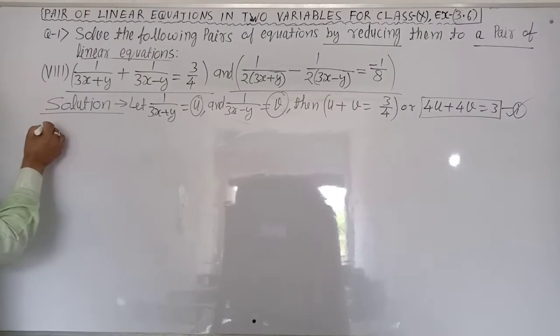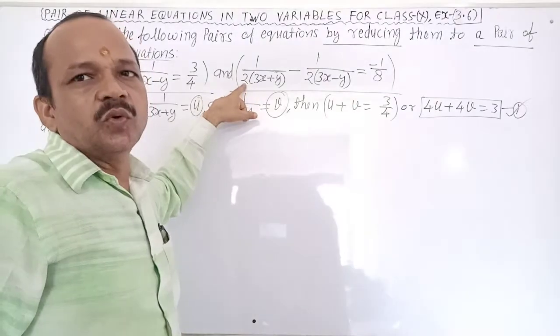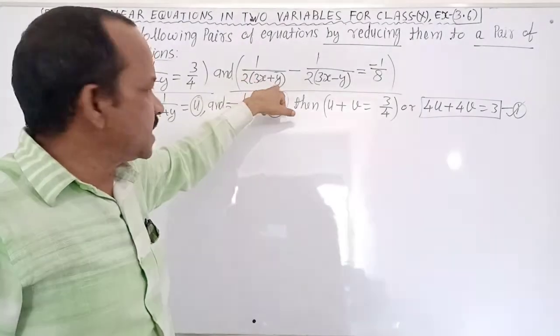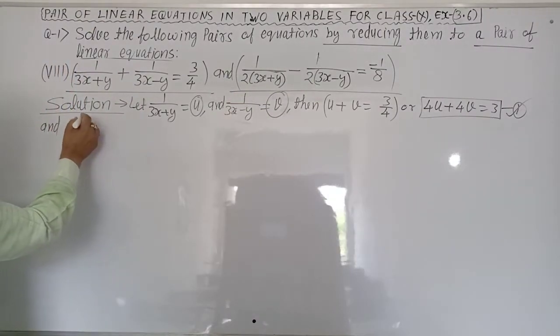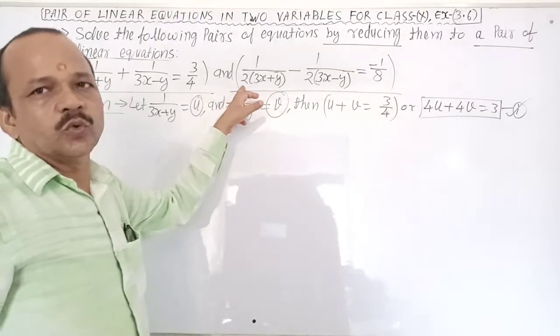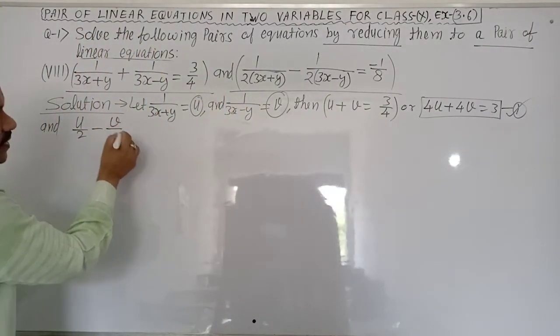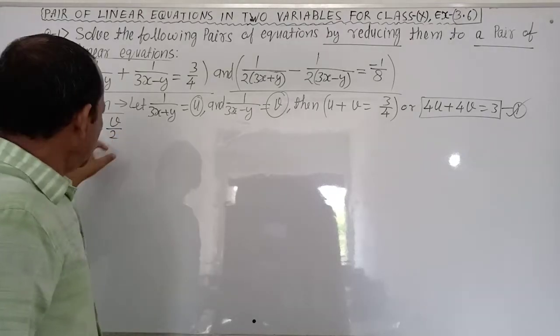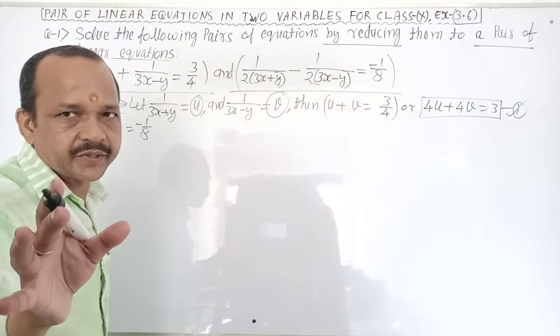And here 1 by 2 common in brackets (3x plus y). It becomes u by 2 minus v by 2 equal to minus 1 by 8.